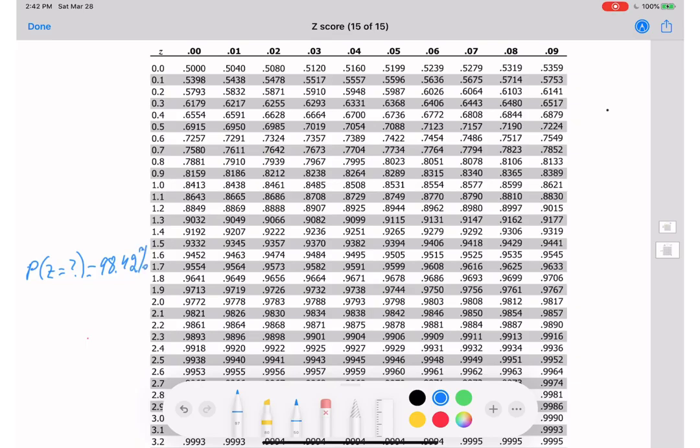Which means that is going to be equal 0.9842, right? To convert percentage to decimal notation, we need to divide by 100.